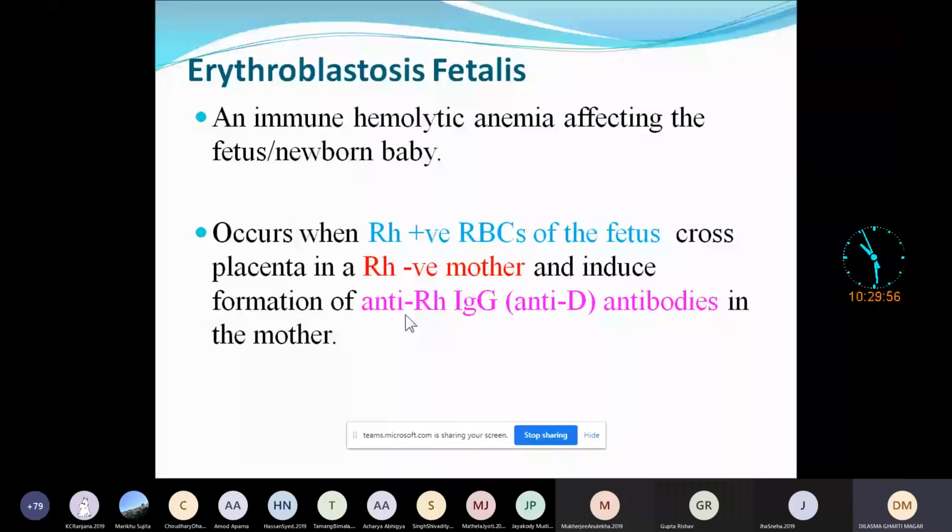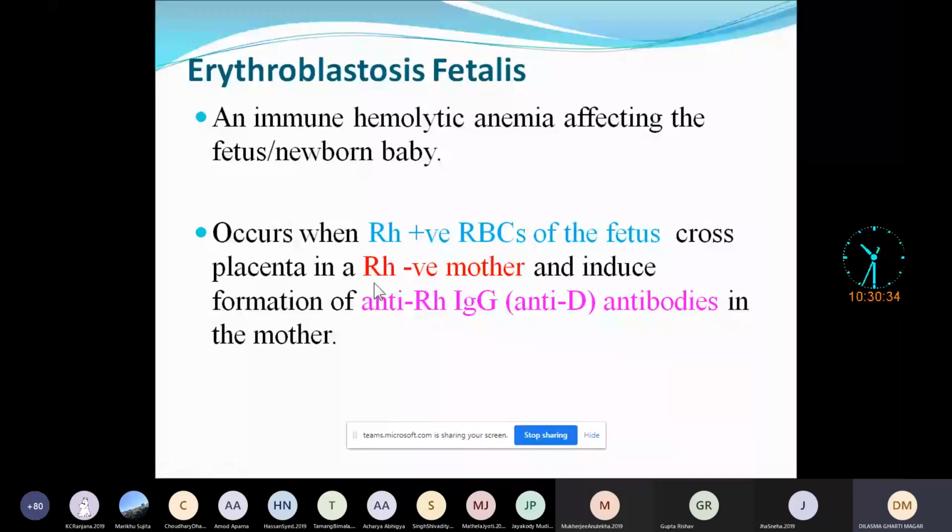So during the pregnancy and during the delivery, the baby's RBCs can go to the mother's circulation, isn't it so, after the delivery. Whenever this Rh positive blood goes to the mother who is Rh negative, this Rh negative mother will not have any D antigen, isn't it so? Now, whenever the D antigen of the fetus goes to the mother's circulation, because of the immune system, there will be formation of antibodies against those D antigens.